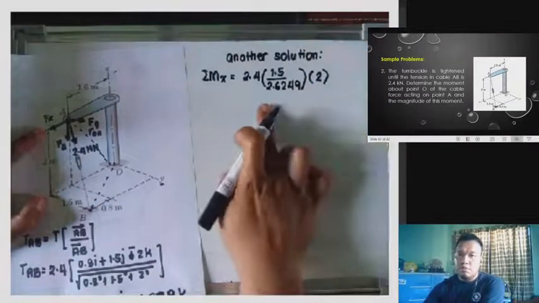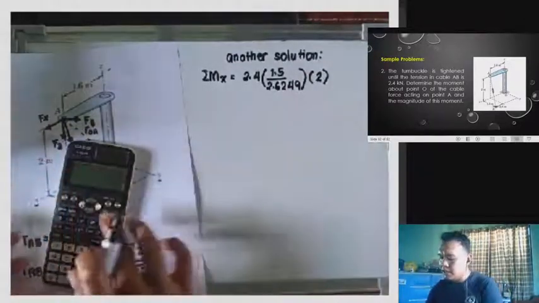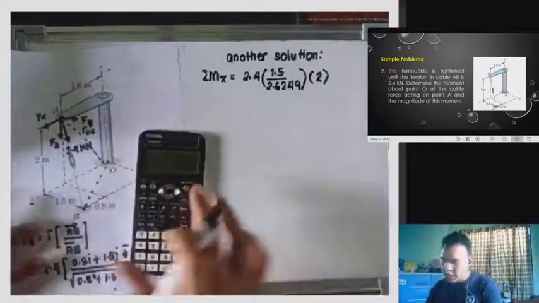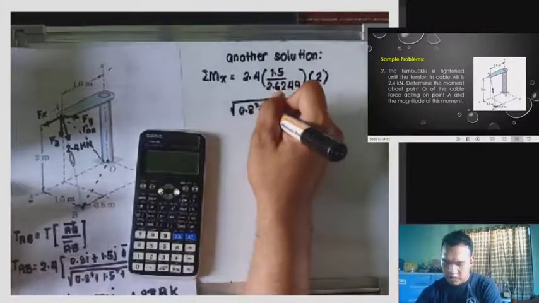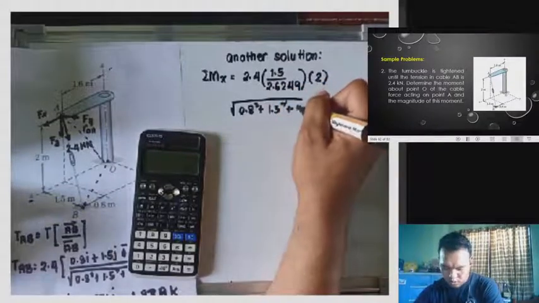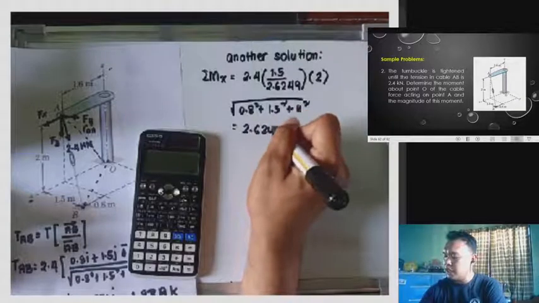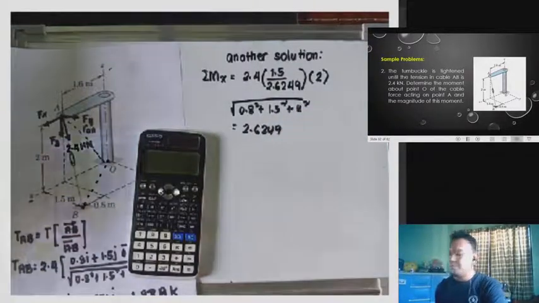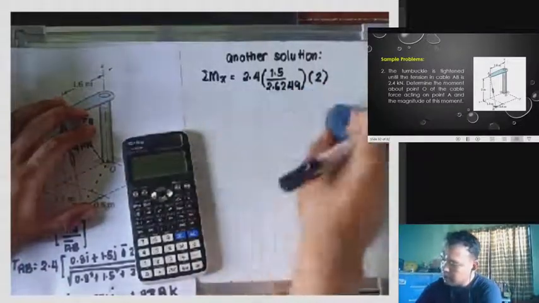Okay. Saan po nakuha yung 2.6249? So, yan pong 2.6249 ay nanggaling po yan dun sa equation kanina natin na square root ni 0.8 squared plus 1.5 squared plus 2 squared. So, lalabas yan ay 2.6249 po. Okay? Okay.